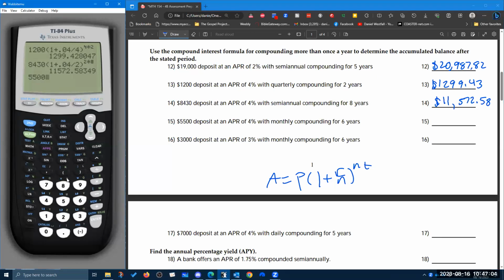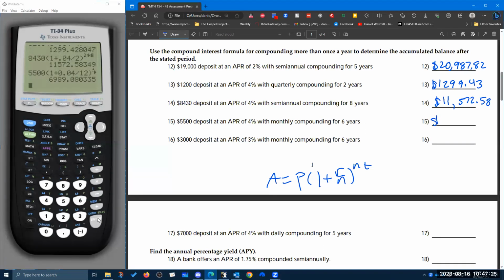Next, $5,500 at 4% again. This time it's compounded monthly, and it's for 6 years. We come up with a value of $6,989.08.